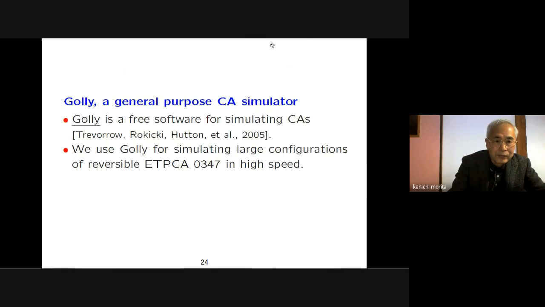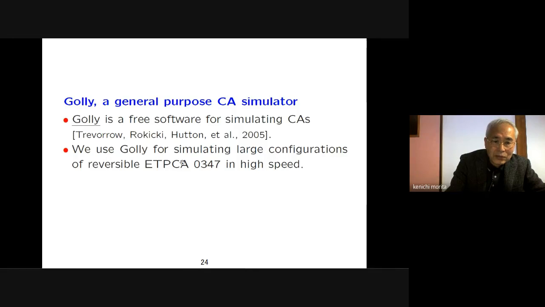By the way, I use a CA simulator, Golly. Golly is a free software for simulating cellular automata developed by Trevor Rokicki, Tomas Rokicki, Andrew Trevorrow, and others.